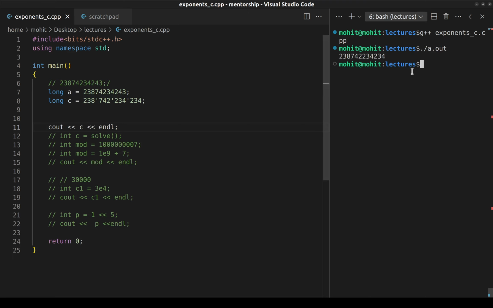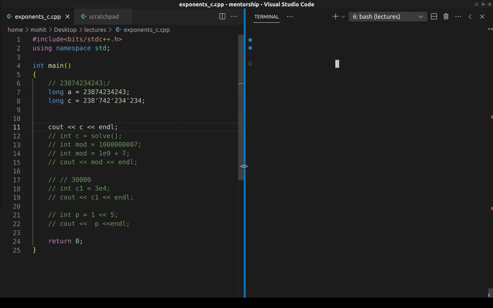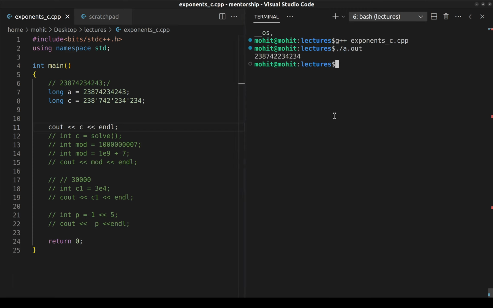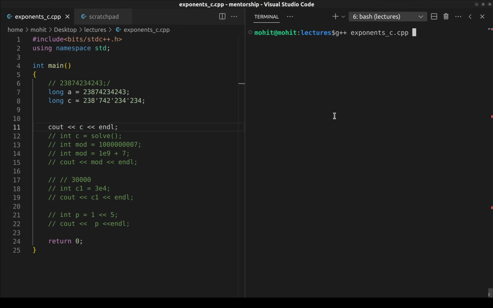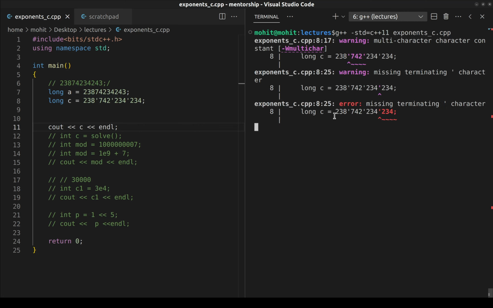Now I will show you that it is a C++14 feature, and if you have an older version of C++ installed, then maybe it's time to upgrade. Let's also see how to compile with a specific version of C++. Let's compile with C++11.